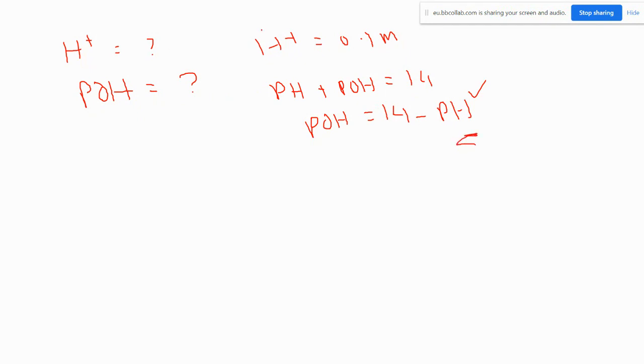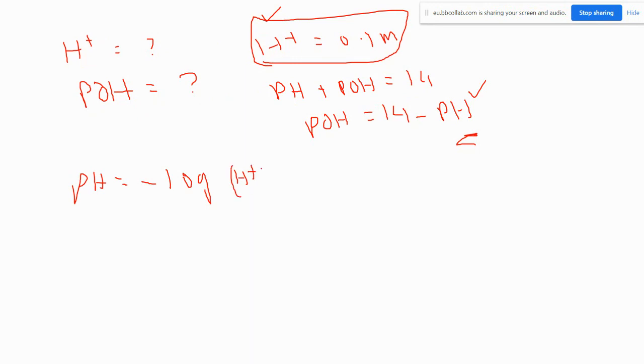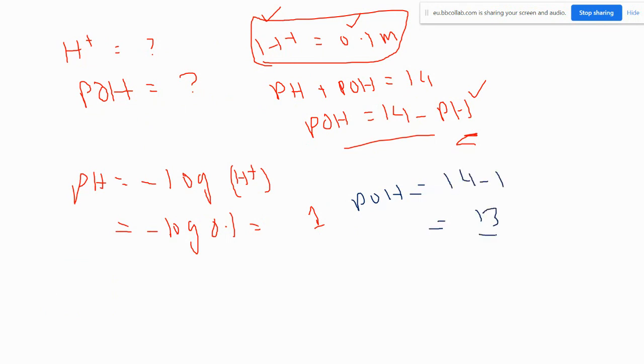Because H positive is there, it's very easy to find pH. pH of this solution will be equal to minus log of H positive concentration, minus log of 0.1, which is equal to 1. So my pH is 1. So what will be the pOH here? 13. pOH equal to 14 minus 1 is equal to 13.